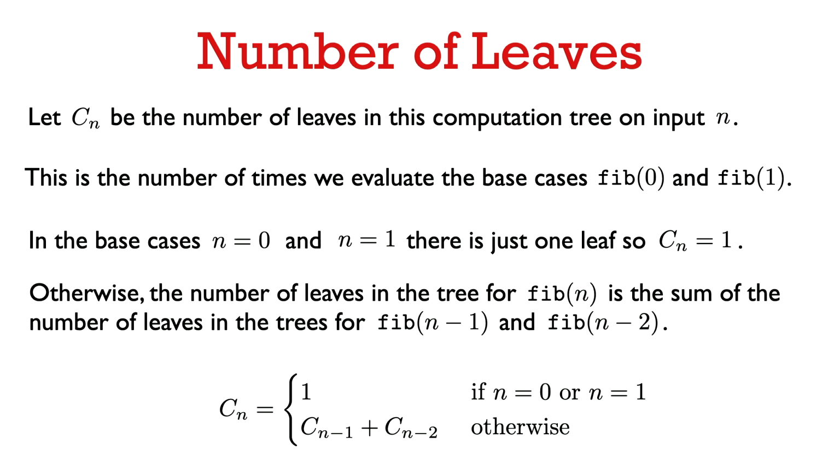So in the base case, if we just compute Fibonacci of 0 or Fibonacci of 1, we are immediately in the base case, right? So there's only one leaf in this case. So in that case, the number of leaves is 1. And otherwise, the number of leaves in the tree for Fibonacci of n is the sum of the number of leaves in the tree for Fibonacci of n minus 1 plus the number of leaves in the tree for Fibonacci of n minus 2, right?